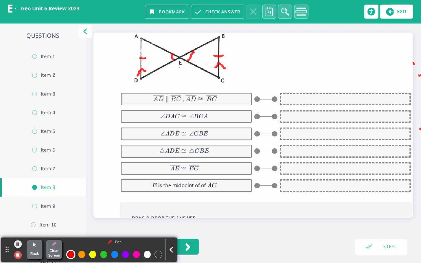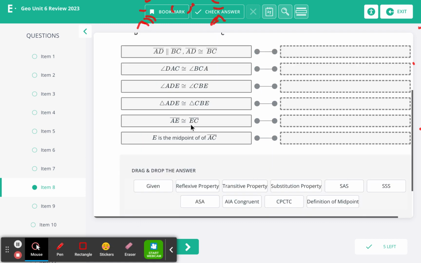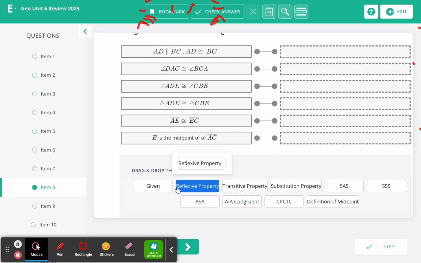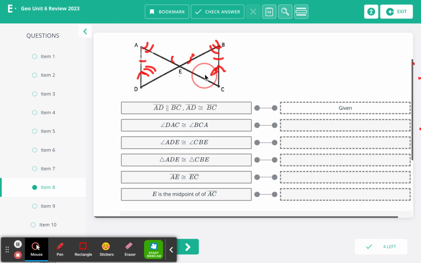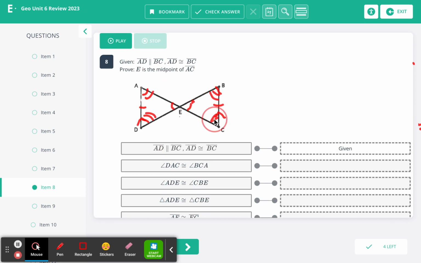I also see, because of the parallel lines, we've got some alternate interior angles that are going to be congruent. All right. And your next two steps after the given part is where we're going to use alternate interior angles are congruent. So we got our given information first. These next two steps are the double marked angles here and the triple marked angles here being congruent.